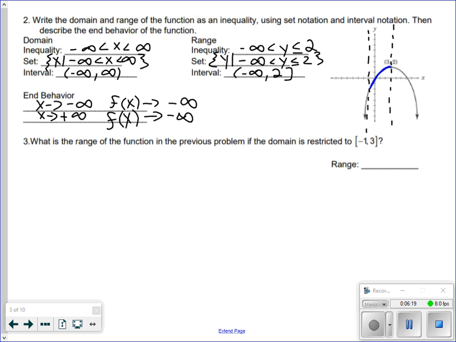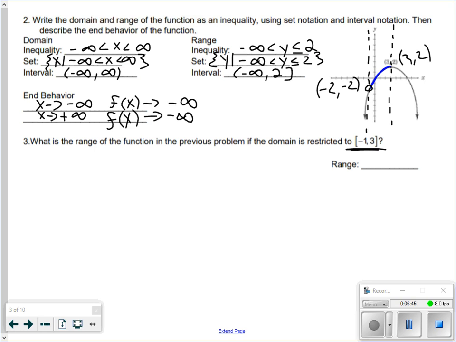All right. So my smallest y value, it's kind of hard to tell. It's this point right here, which is going to be about negative 2. I'm just going to say it's that. And then my highest point is at the line right here at x equals 3, y equals 2. And if you look at the domain, they restricted us, we're including the negative 1 and the 3 in that restricted domain.